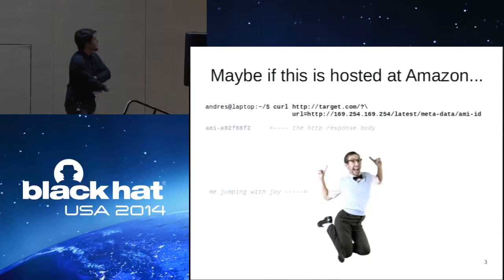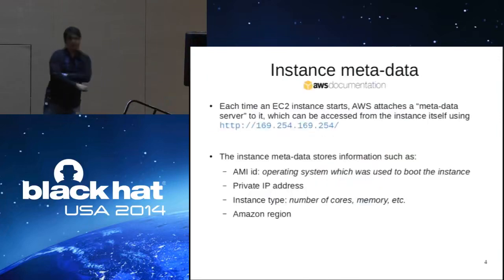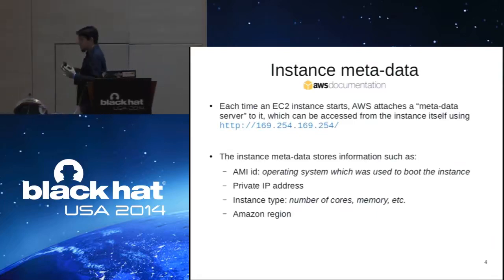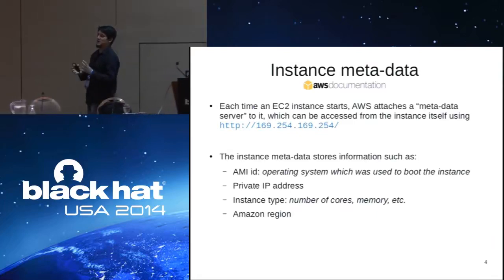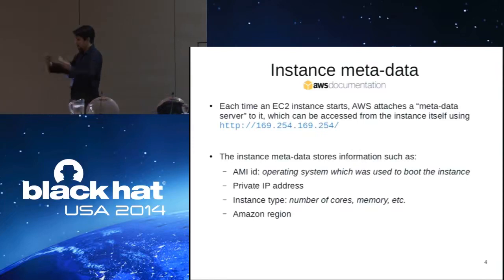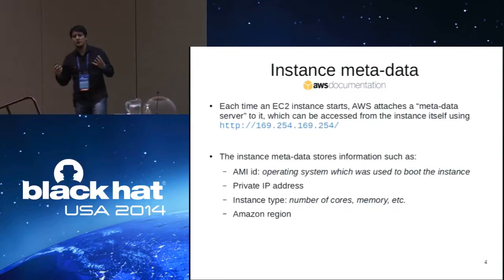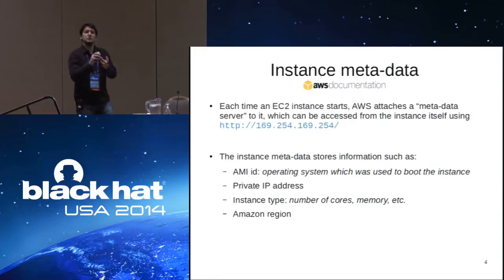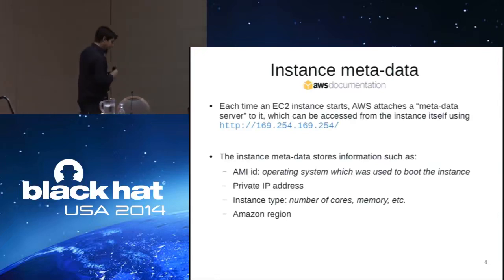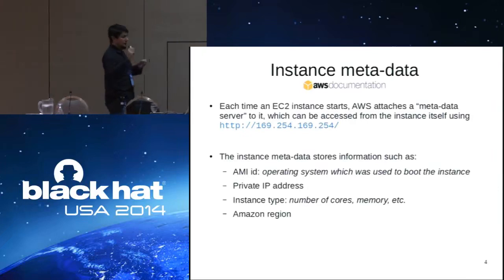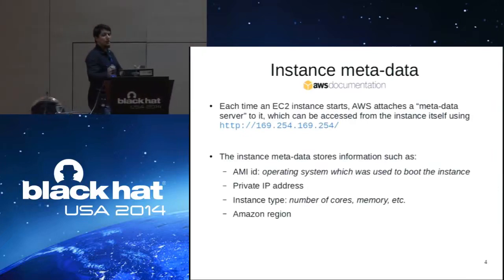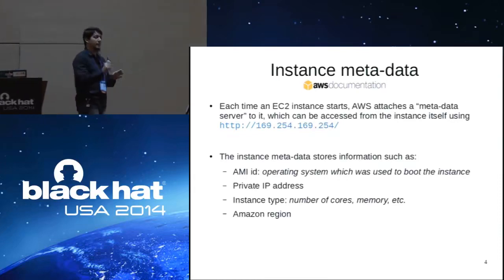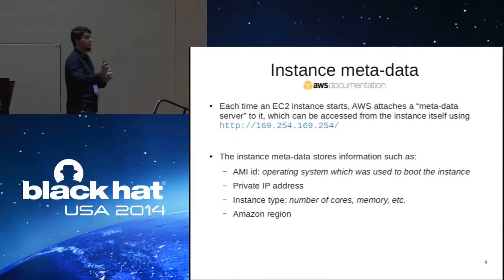So that IP address is the instance metadata. When you start any EC2 instance in Amazon, you're going to have an EC2 metadata server attached to that instance. It's going to simply be listening on that IP address, and each EC2 instance has that same IP address.